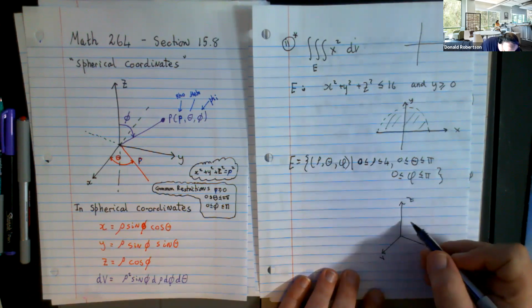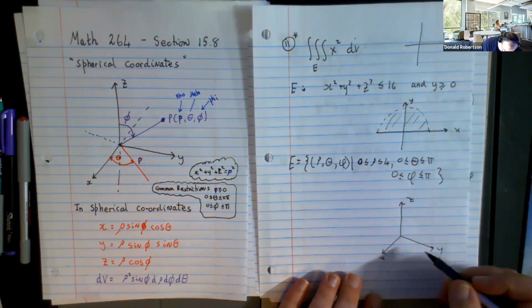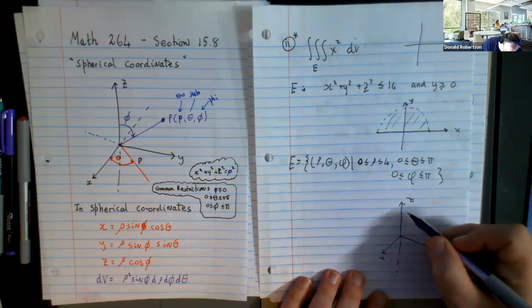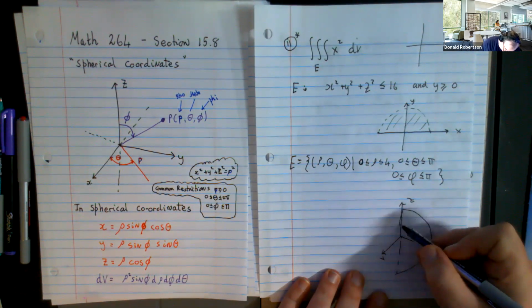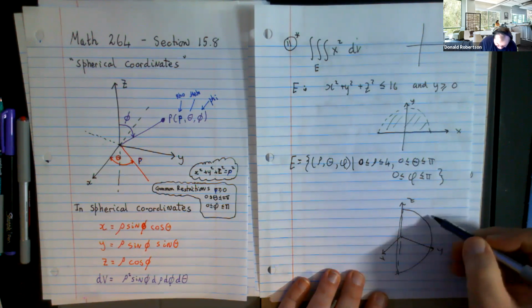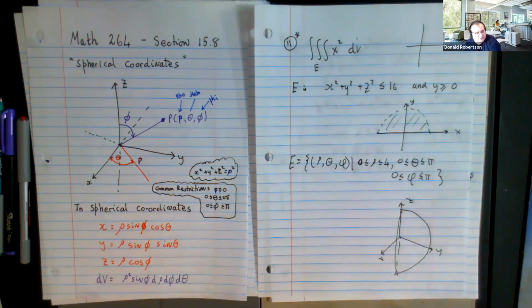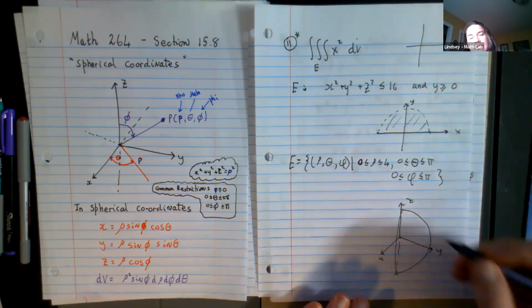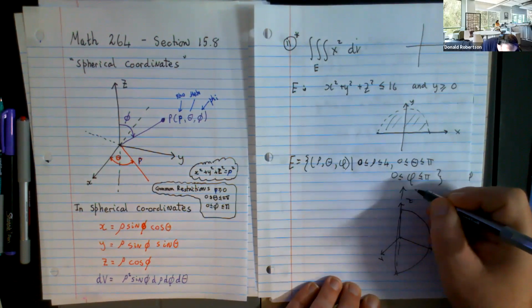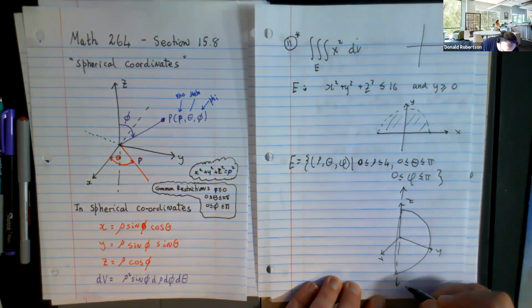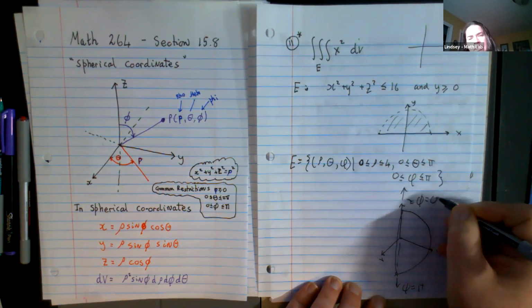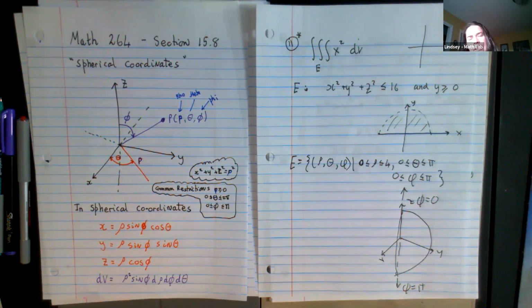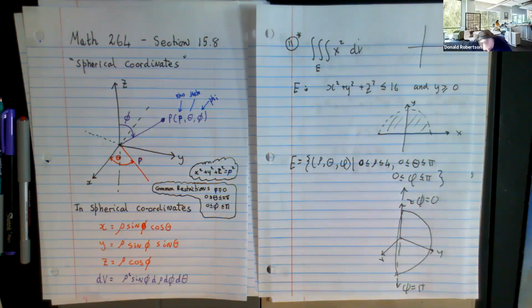So if I imagine what the sphere would look like, wouldn't it just be this right-hand side piece? And if it's a right-hand side piece, won't phi start at 0 and finish at pi? So for a half circle, phi goes to pi. Okay, this orientation.